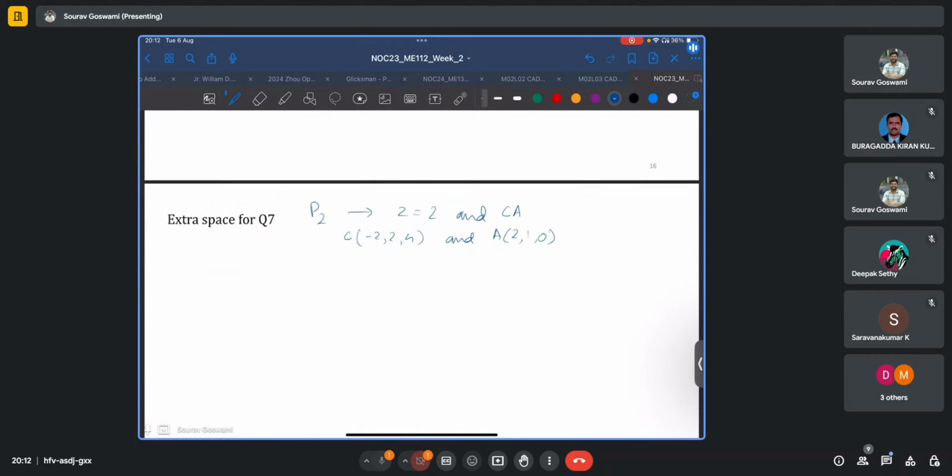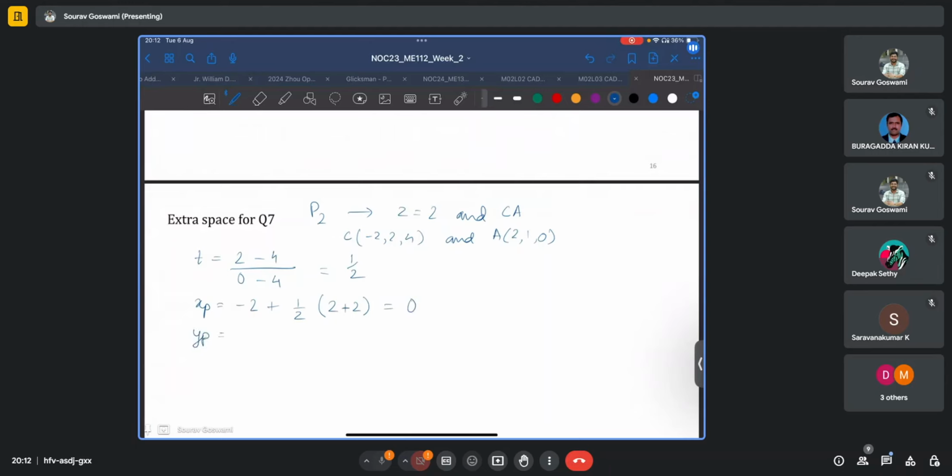Again, we start first by finding the parameter t, which is zi minus z1 by z2 minus z1. This is minus 2 by minus 4, or half. xp is equal to x1 plus the parameter t times x2 minus x1. So 4 times of x2 minus 2, so this is 0.